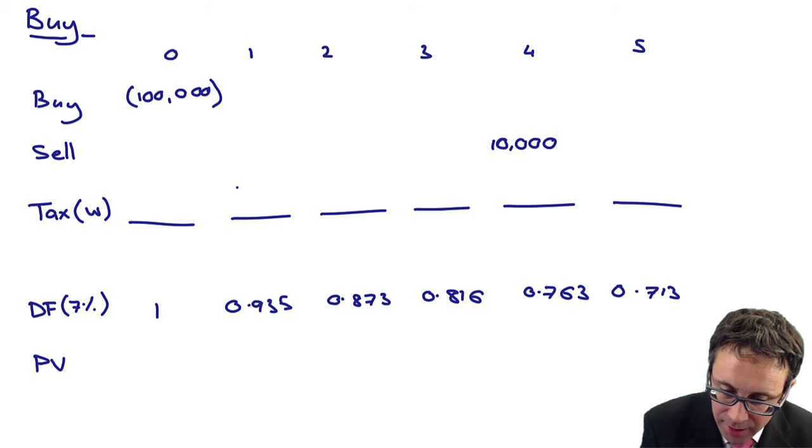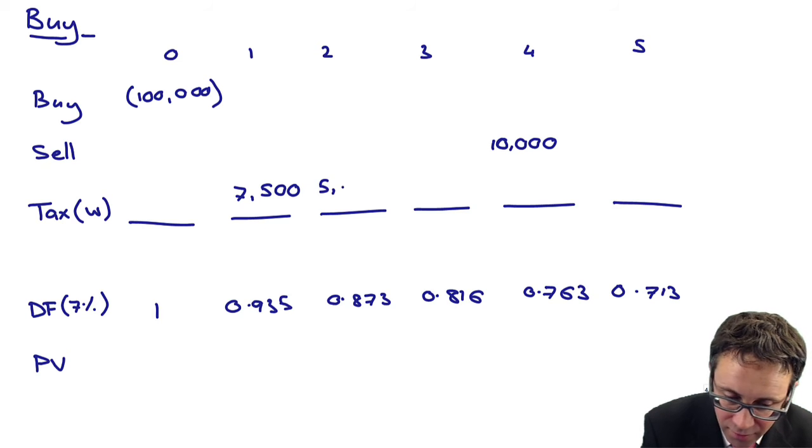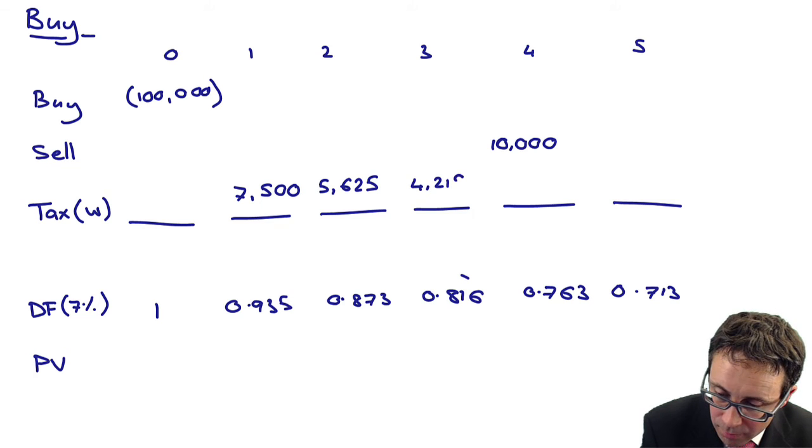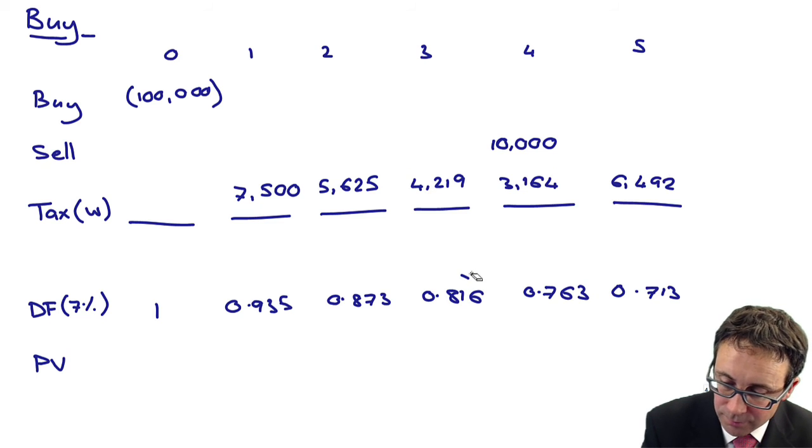So the tax in year 1 is 7,500. If we carry on, in year 2 it's 5,625, in 3 it's 4,219, in 4 it's 3,164, and in 5 it's 6,492.